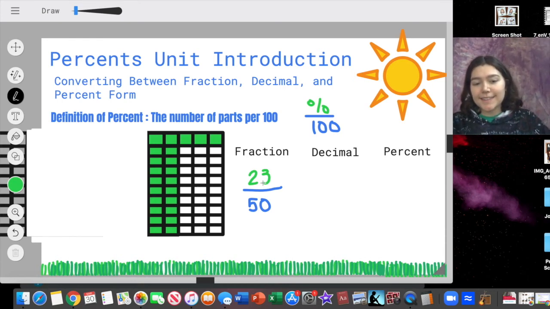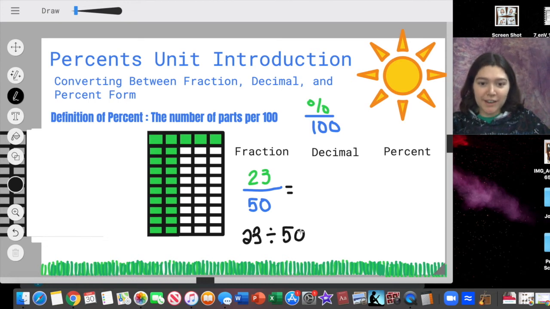Then I want to get this into decimal form. A lot of ways you could do it, but probably the simplest, if you have a calculator, is to just divide. The fraction 23 over 50 is the same thing as 23 divided by 50, because a fraction bar is division.